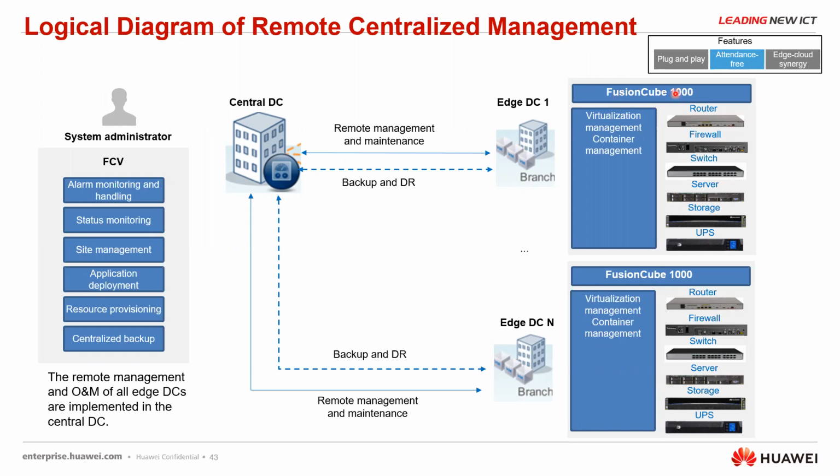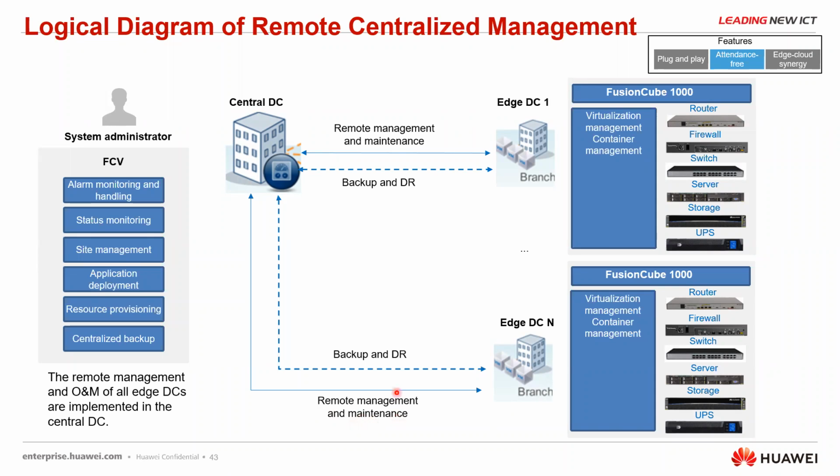And this is the FusionCube 1000 solution, which is for edge level computing. You can see here, all these components can be status monitored seamlessly from the center, and you can also do the maintenance remotely. Not just for monitoring purposes, you can also do the management and maintenance.